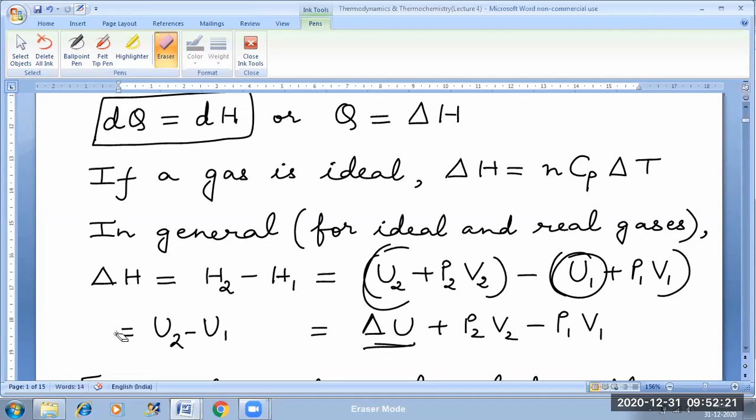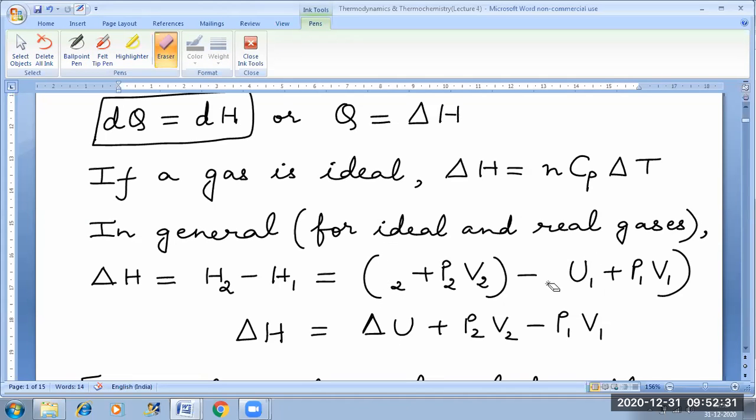So I can also write like this, that is delta H is equal to delta U plus P2 V2 minus P1 V1. So can we write delta PV then?